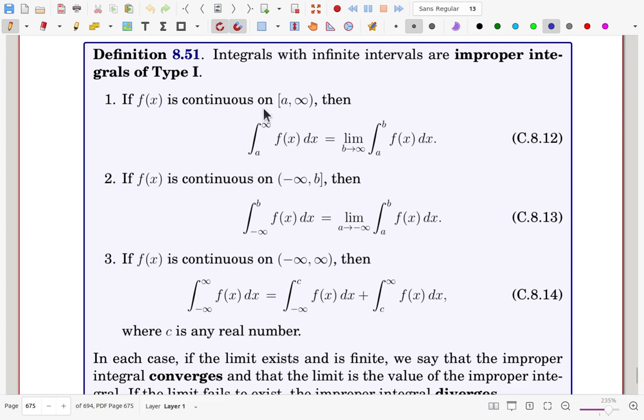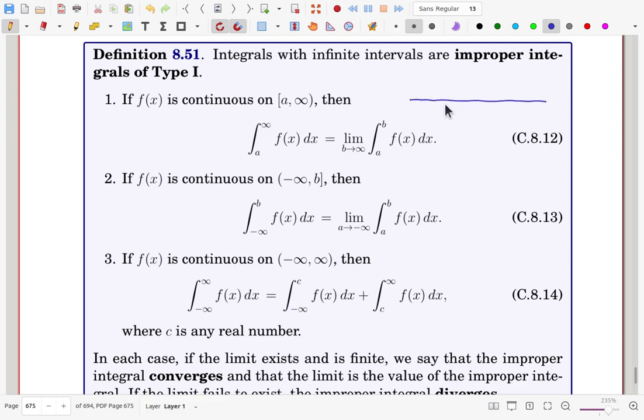Now we try to get the integral over the infinite interval. First we'll get the definite integral from a to b, and then take b approaching infinity. Okay, let's see a picture for that.